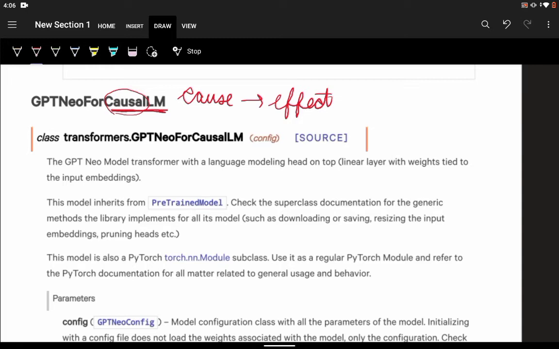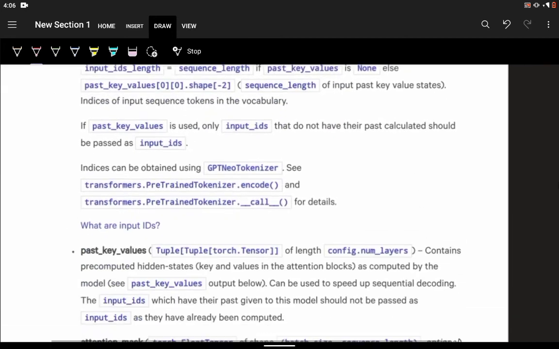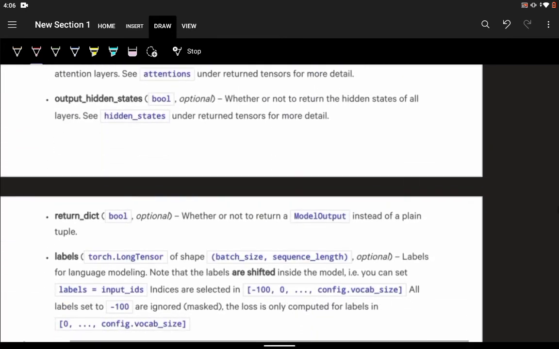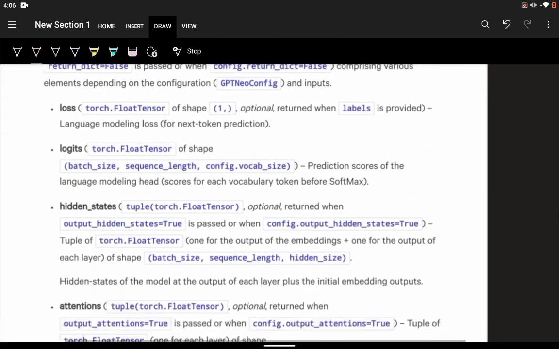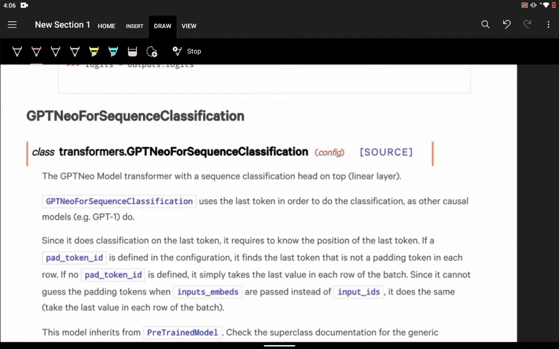As far as I think it has something to do with the future only being able to see the past, something of that sort. I'm not very sure. Alright, these are again similar things. I'm not going through this. These are some of the things that we can do using GPT.